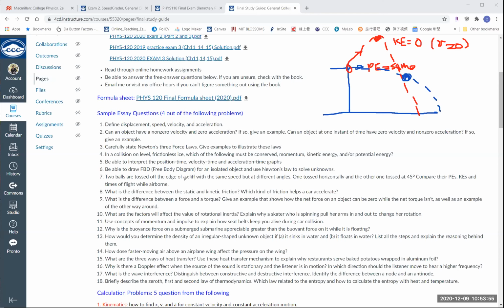Okay, number nine is about force and torque. We have a definition of torque: torque is the force times the lever arm. So force itself is not torque. Force is the reason why things accelerate, meaning it's moving along a direction, along a line.